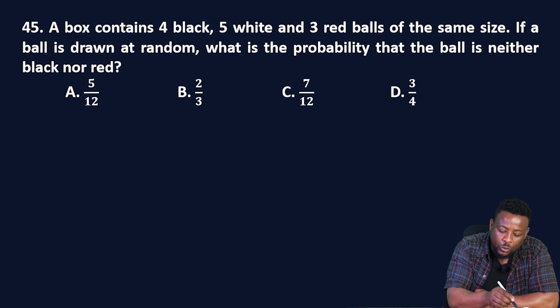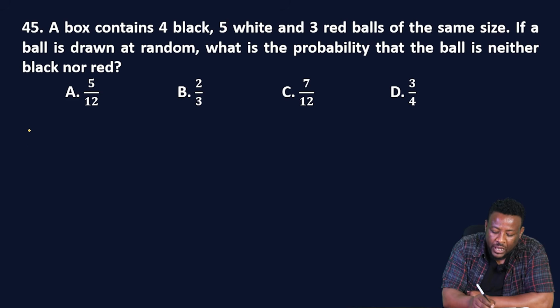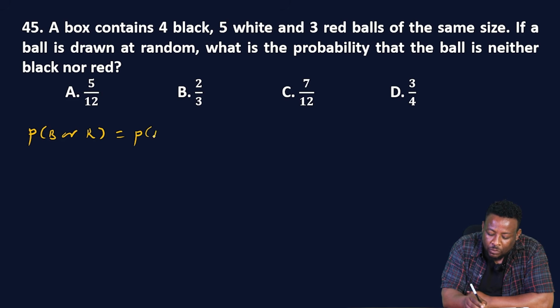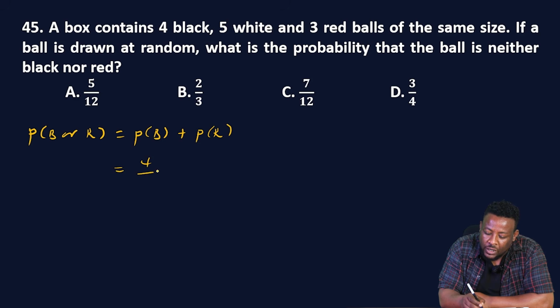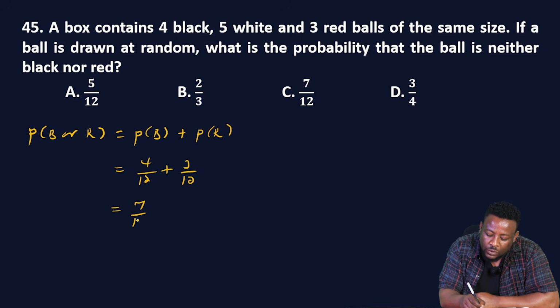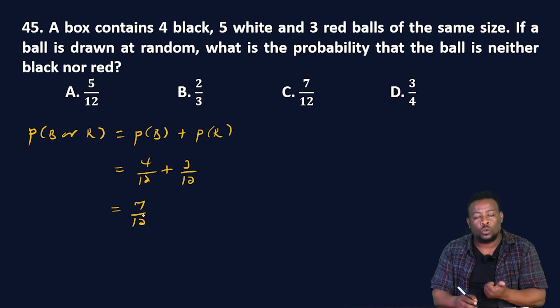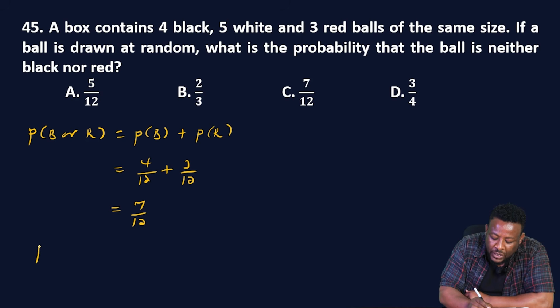እንግዲህ የተለያየ አፕሮች ልንጠቀም እንችላለን። Directly the probability of obtaining black or red calculate እናድርግ። The probability of obtaining black or red is the probability of black plus the probability of red ይሆናል ማለት ነው። Okay? Black pick የማድረግ probabilityያችን 4/12 ነው። ሬድ ፒክ የማድረግ probabilityያችን 3/12 ነው። So the probability of taking or obtaining black or red ምን ይሆናል ማለት ነው? 7/12 ይሆናል ማለት ነው። እኛ ግን የተጠየቅነው the probability of obtaining neither black nor red ነው። So this event እንዴት ካልኩሌት ይደረጋል?